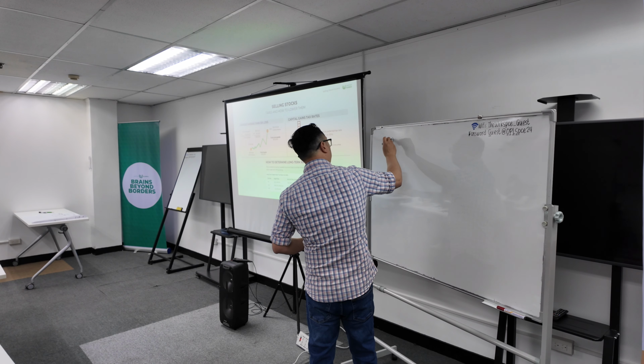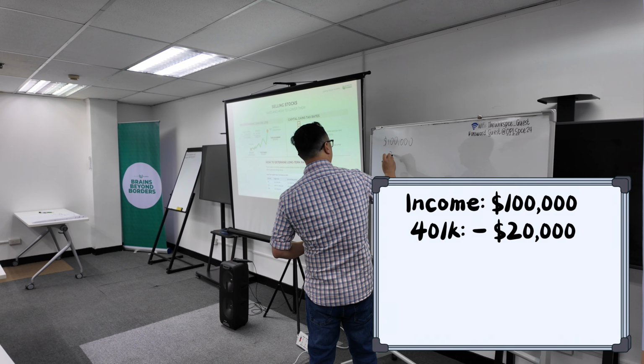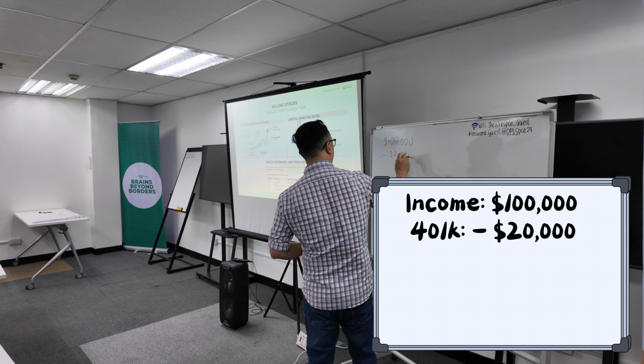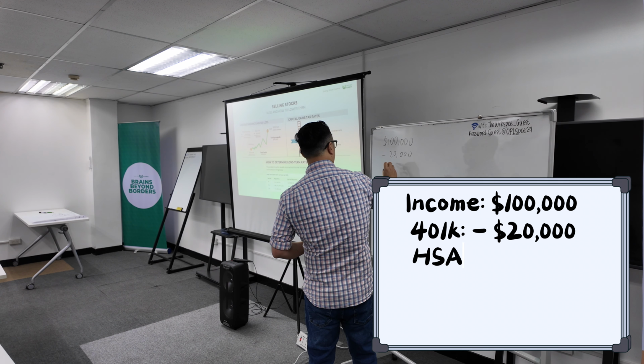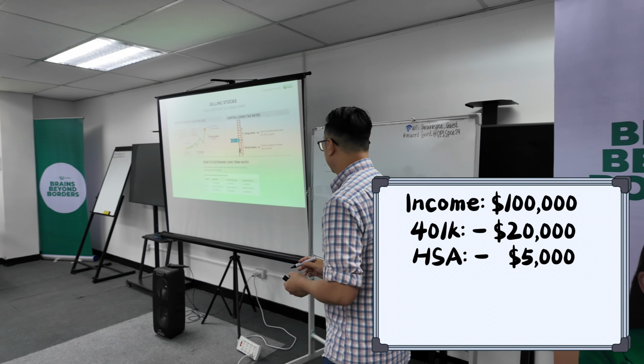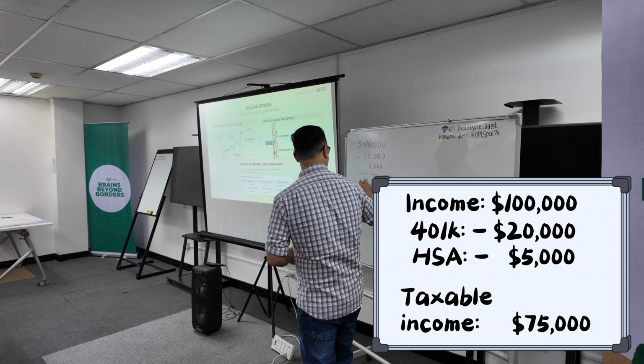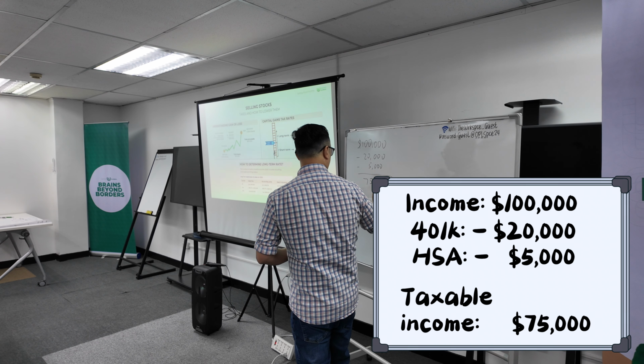So Taylor's income is $100,000, minus $20,000 for the 401k, and minus $5,000 for his HSA contribution. So what's the taxable amount that he has? $75,000? Yeah, okay, perfect. $75,000.